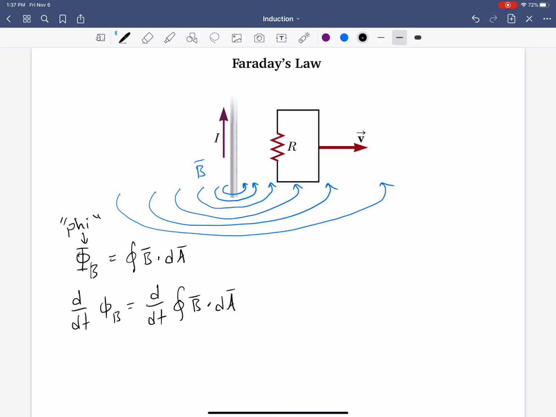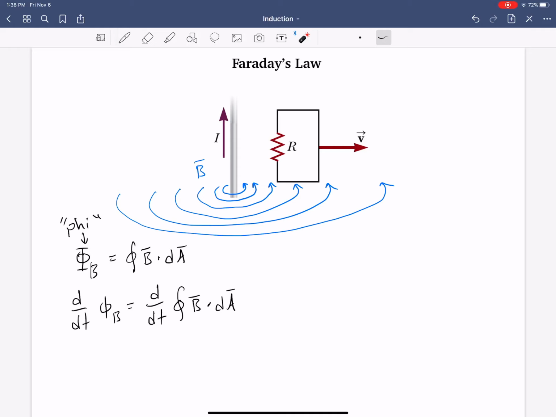So this entire closed integral can change in time. If it does, there arises an induced current in this closed loop, either going this direction or that direction. We'll get to that in the next video.